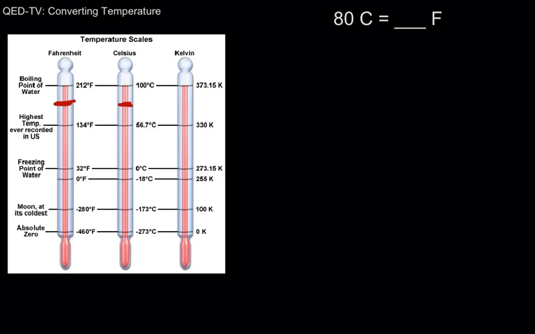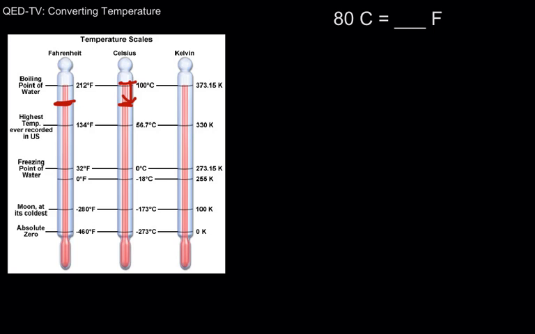What we do is see how far above or below 80 degrees Celsius is in comparison to either the freezing or the boiling. It doesn't really matter. I could say it's 80 degrees above freezing, or I could say it's 20 degrees below boiling. Either one is fine. Let's say that it is 20 degrees below boiling.